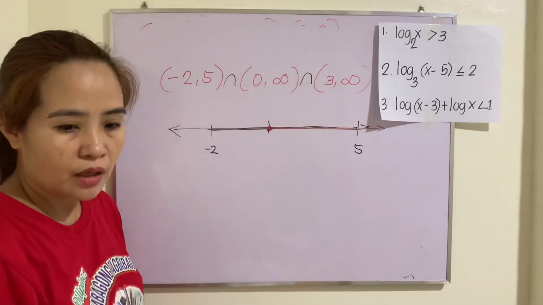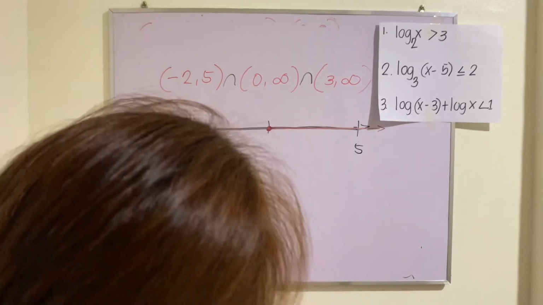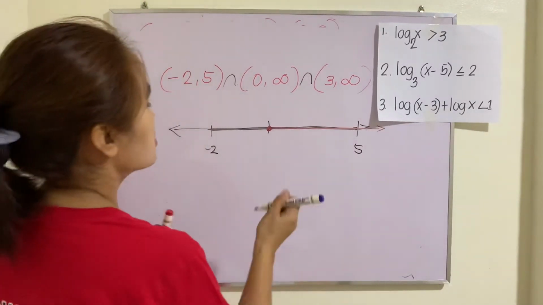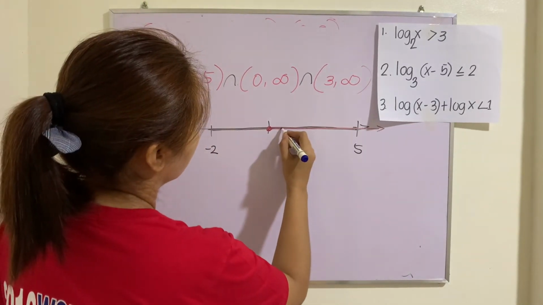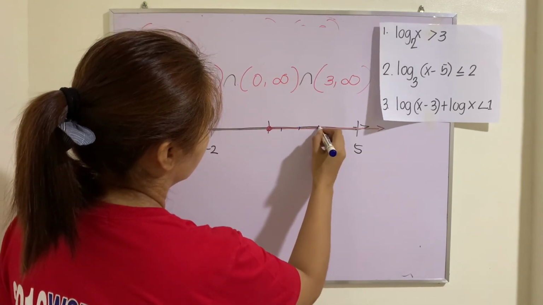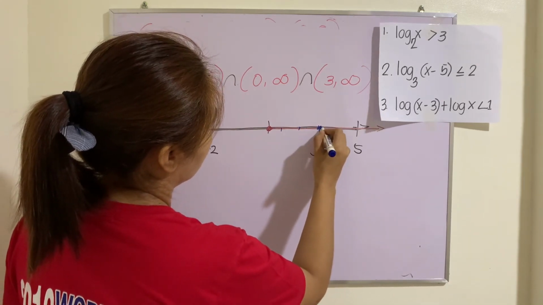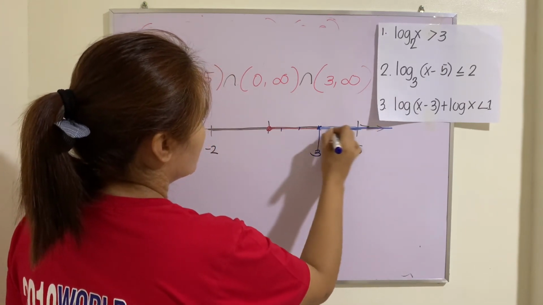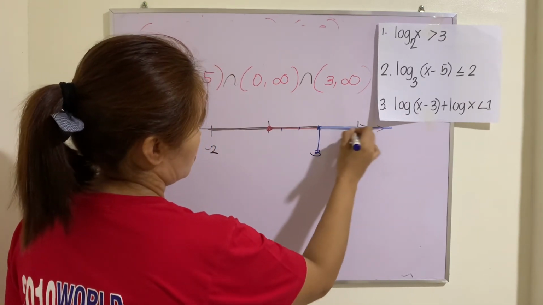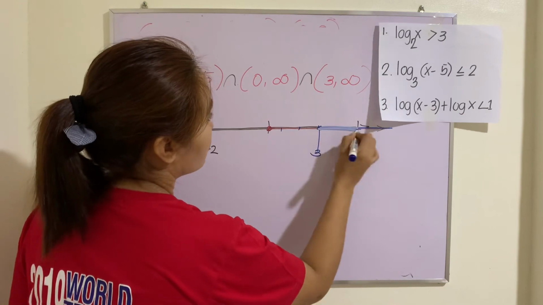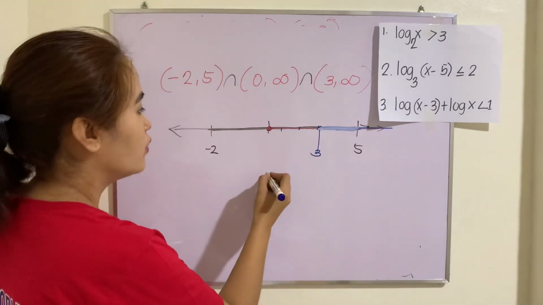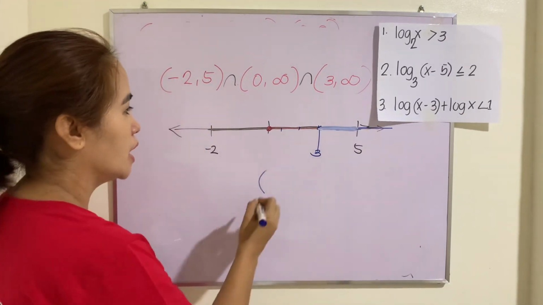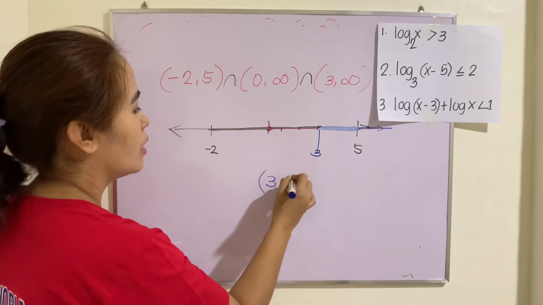And the third one is, of course, 3, positive infinity. Meaning to say, this one is their intersection. They have this in common. Therefore, our solution set will be 3 to 5.